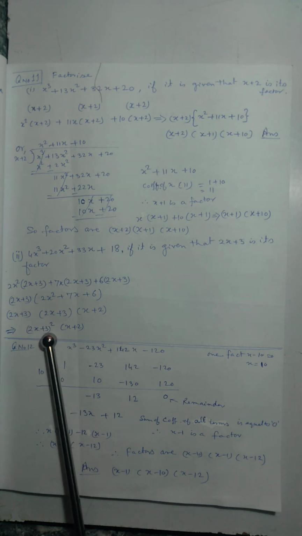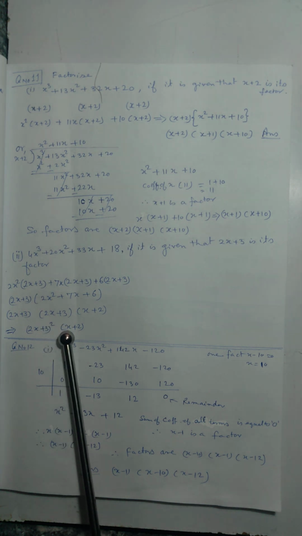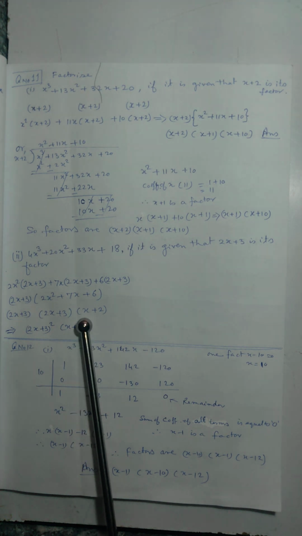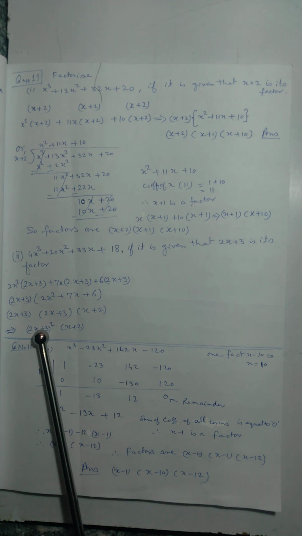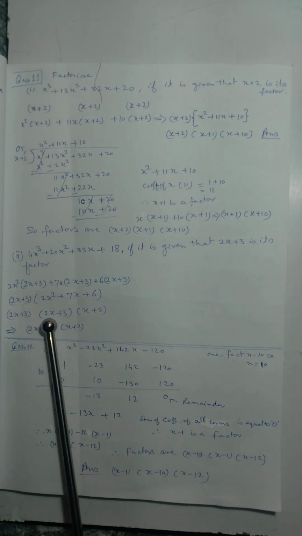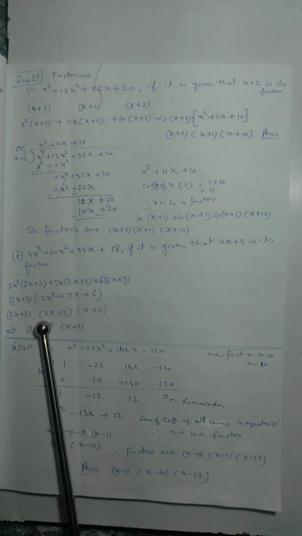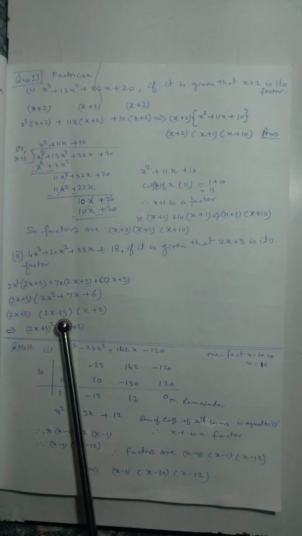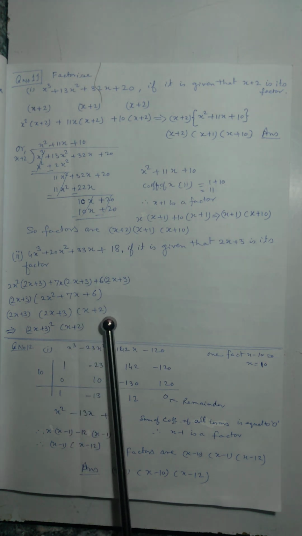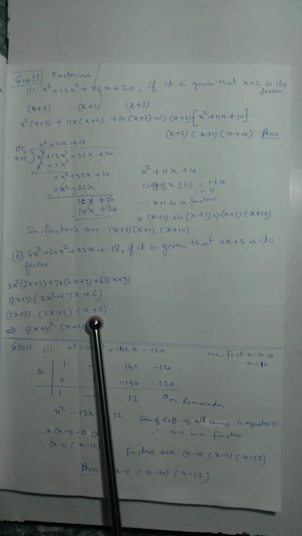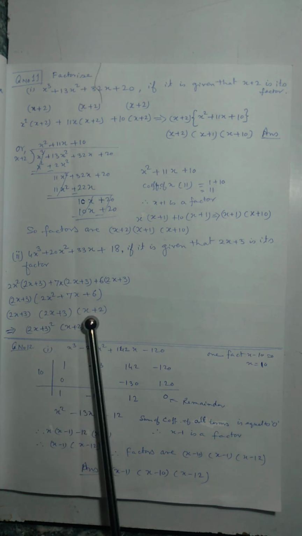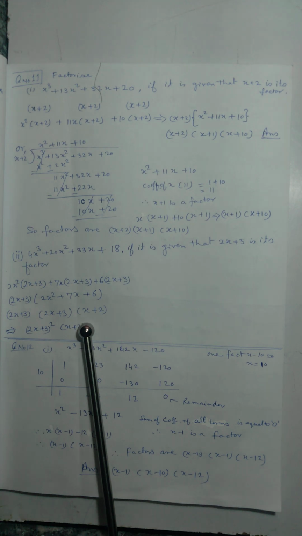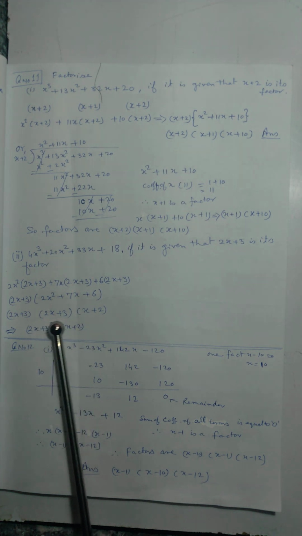You see here, 2x plus 3 into x plus 2. In this case, you have to remember that the 2x is greater, so 3 should also be greater than 2. And yes, it is possible that 3 is greater than 2 and 2x is also greater than x. So now you just multiply and check it.